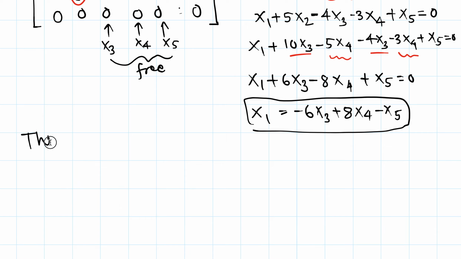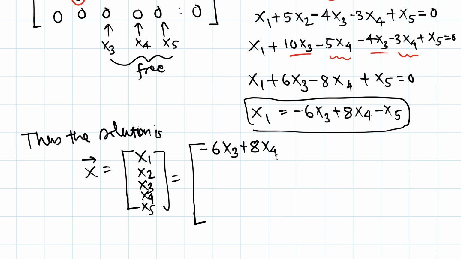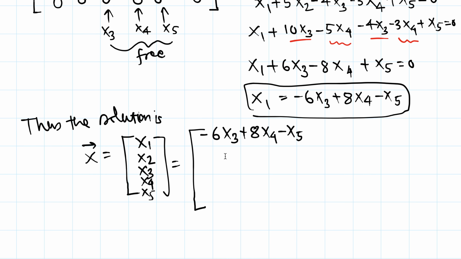Thus the solution x, that means x1, x2, x3, x4, x5, is: x1 is negative 6x3 plus 8x4 minus x5, x2 is 2x3 minus x4, x3 is just x3 because it is a free variable, then x4, and x5.